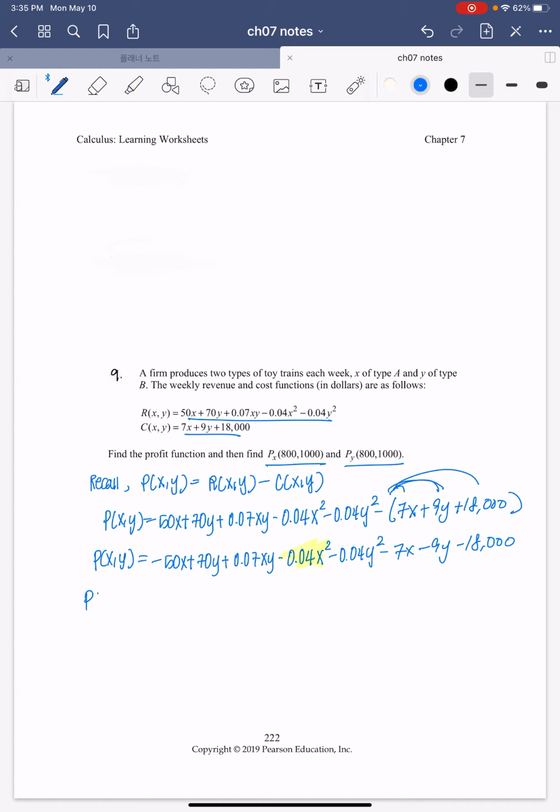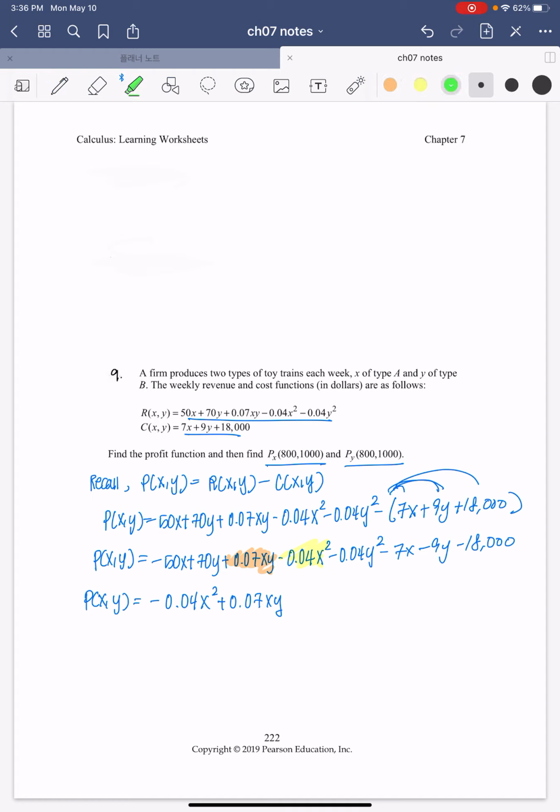So P of x comma y, I have negative 0.04x squared. And then I have the xy function. I think this is the only term that has a xy, right? So plus 0.07xy.